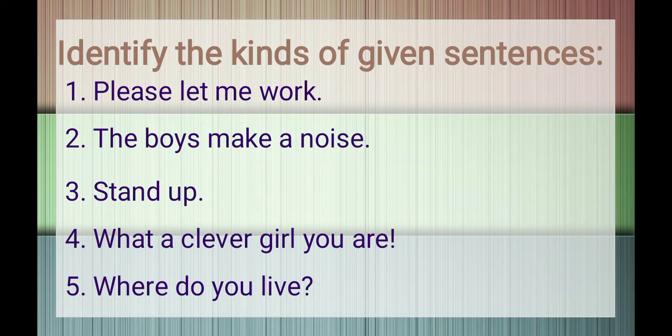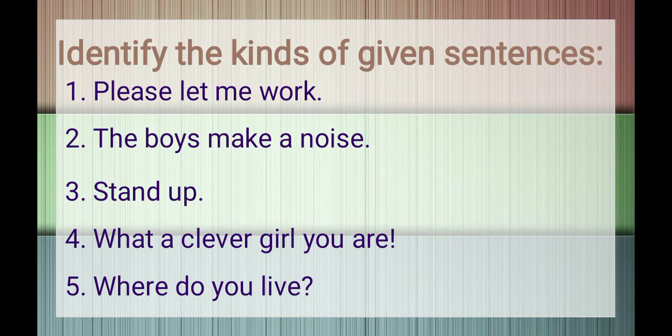But one more way to understand which type of sentence this is, is that this sentence is asking question. And there is also a question mark. Where do you live? See, there is a question. That means this is an interrogative sentence.